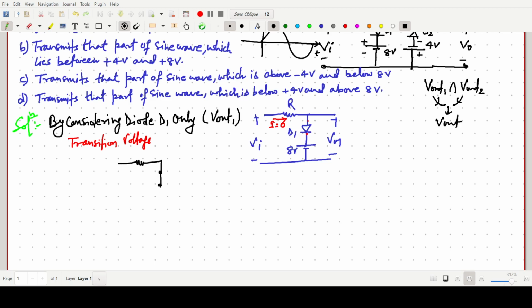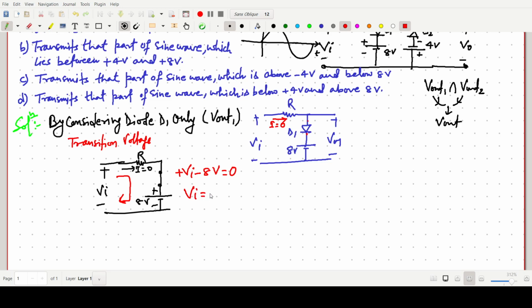I am drawing the modified circuit for the calculation of the transition voltage. We are taking the ideal diode, so with Vi, R, the diode short circuited, the 8 volt, and the current 0, if we apply KVL we can write plus Vi minus 8 volt equals 0.